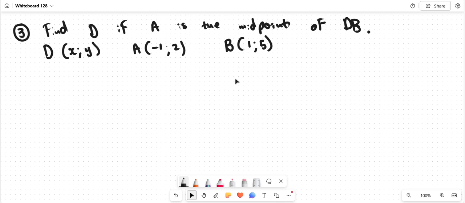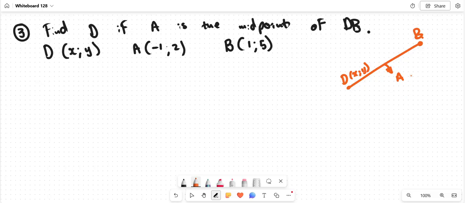All right, so in this question, this is a very nice question. What we are told is that we have a line. I'm not going to draw it on the Cartesian plane, but I'm going to just draw it here quickly so we have a picture of what's happening. So this line is called the DB line, and right there in the middle is where our A is. We're not given the coordinates of D, we're given just x and y.